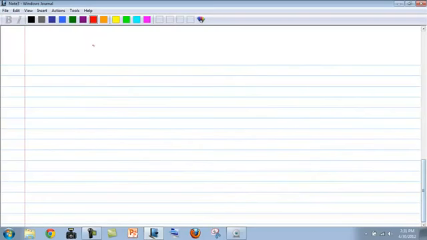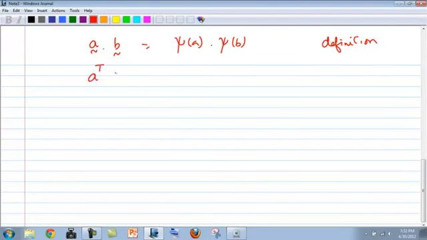Okay. So let's go back to our condition. The dot product of A and B must be the same as the dot product of psi A and psi B. This is by definition. Okay, so let's rewrite this. This is going to be A transpose B. Now we are thinking in terms of vector notation.